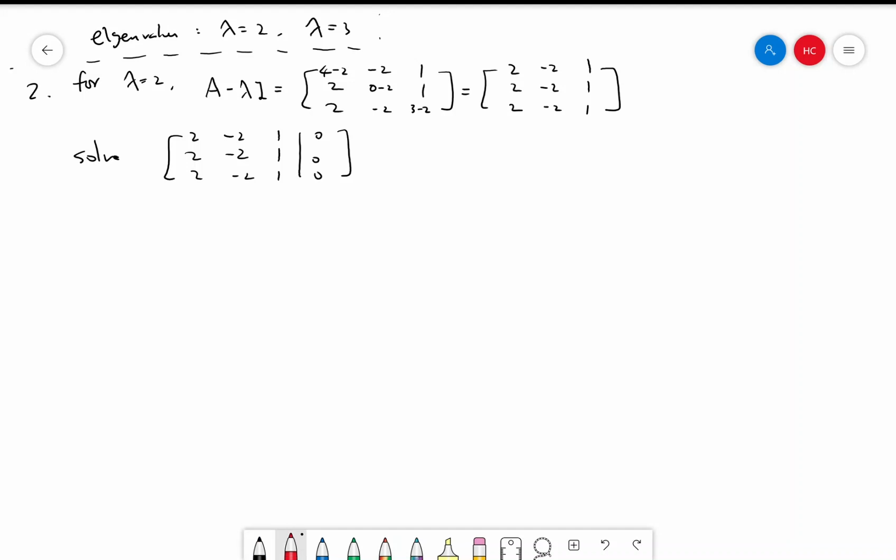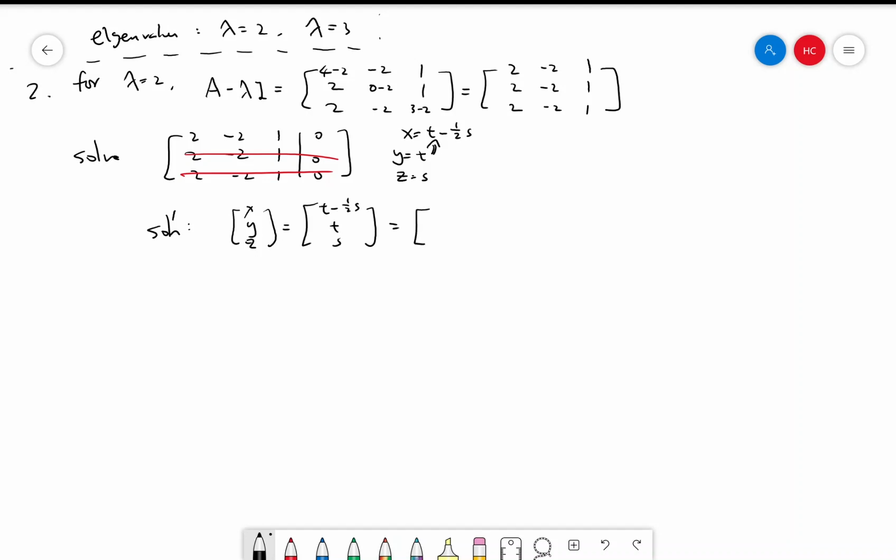Well, the 3 rows are identical, so the second row and the third row don't tell you anything. We have 1 row, so we have 2 free variables. So y is equal to t and z is equal to s. Then this means x is t minus 1/2 s.